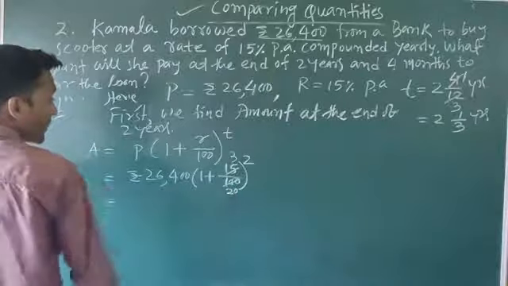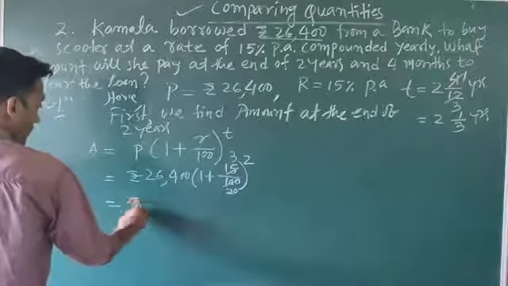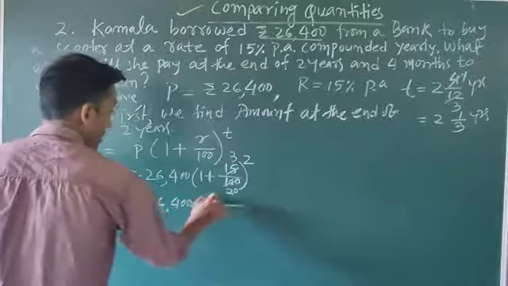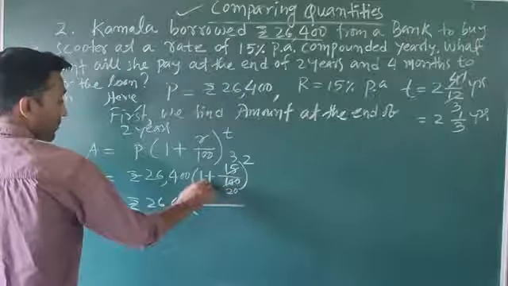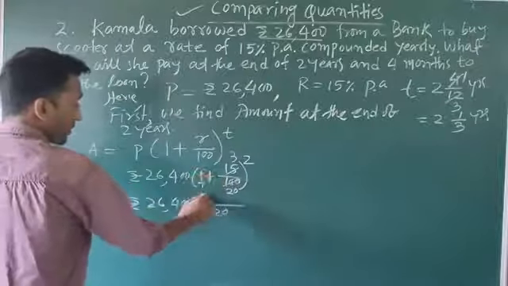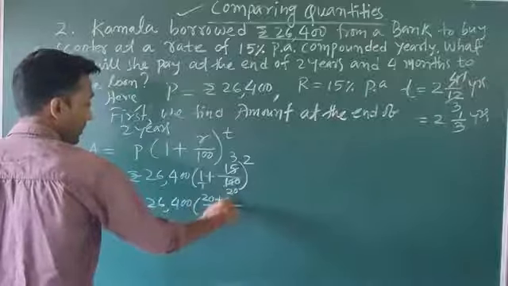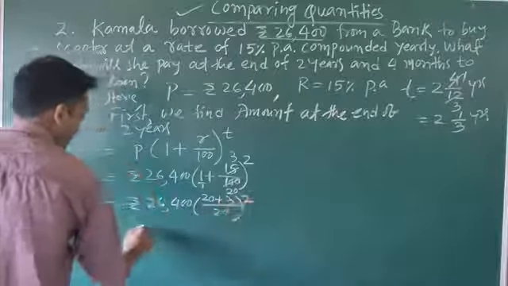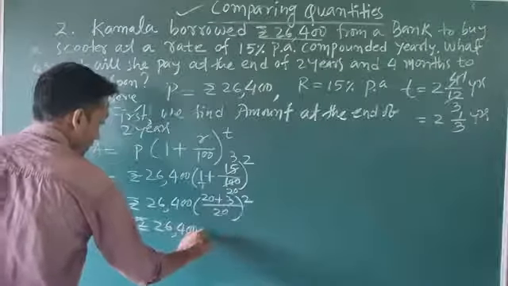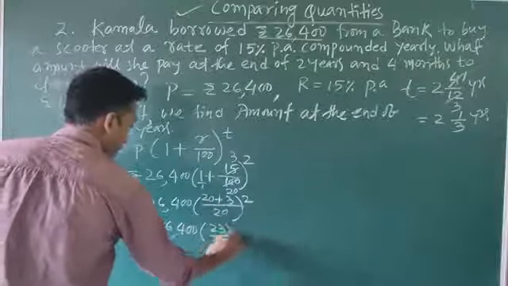Cancel the HCF between numerator and denominator. 3 fives are 15, 5 twenties are 100. So 26,400 into 1 plus 3 by 20. Take the LCM: the denominator here is 20, there is 1, so the LCM will be 20. 20 into 1 is 20, and 1 into 3 is 3. 20 plus 3 is 23, so 26,400 into 23 by 20 whole squared.